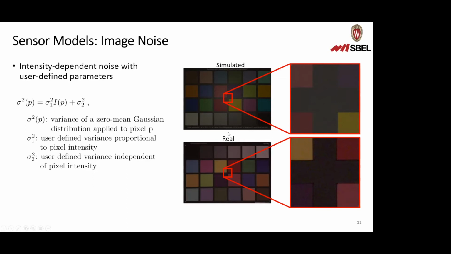On the right here, I have a simulated image and a real image, and hopefully you can see this if the resolution is high enough, but you can see the quality of the noise on these images. And again, I'm not trying to show that this is validation. That is part of further work that I'll discuss at the end. But you can see the type of noise that we add to these images.